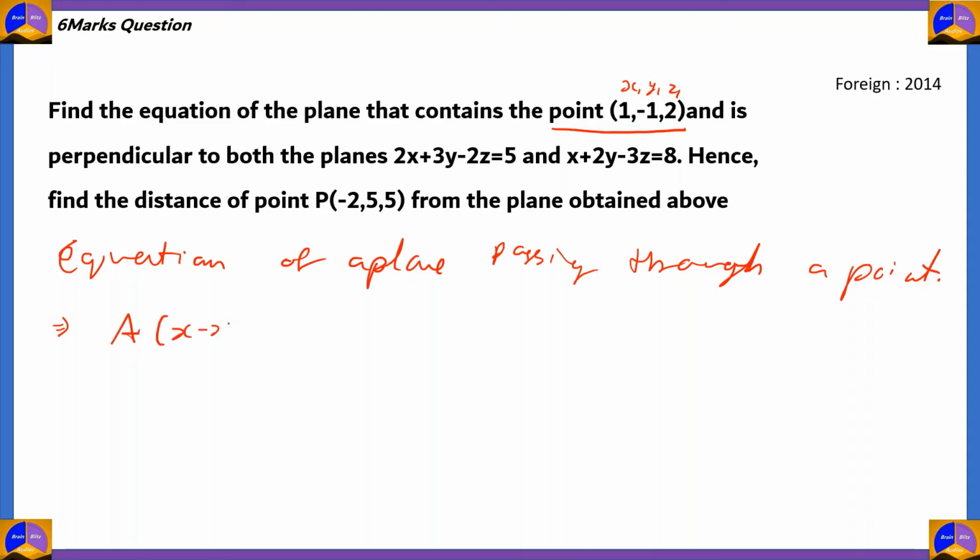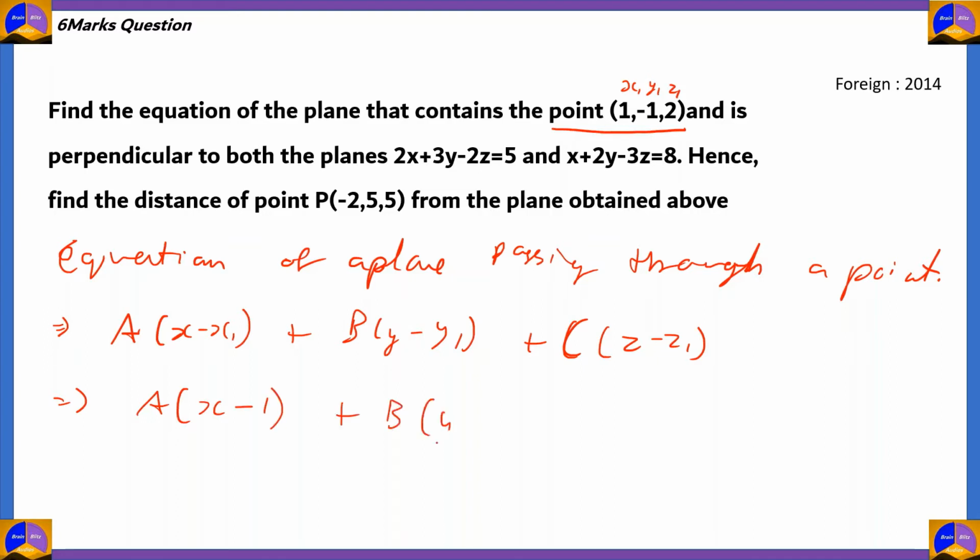So that is a into x minus x1 plus b into y minus y1 plus c into z minus z1. So let's plug in the values. a into x minus 1 plus b into y plus 1 plus c into z minus 2, and that will be equal to 0. So that is the equation of a plane passing through the point 1, minus 1, and 2.